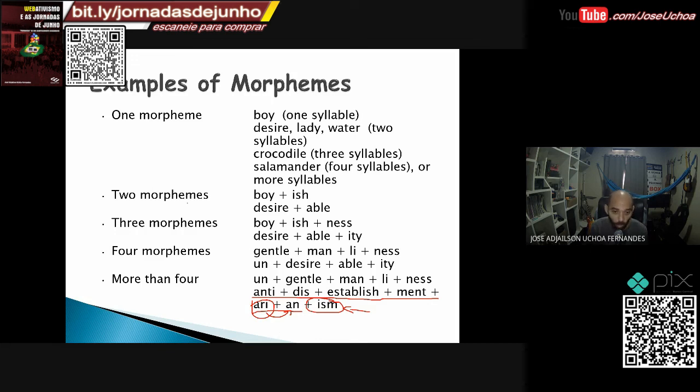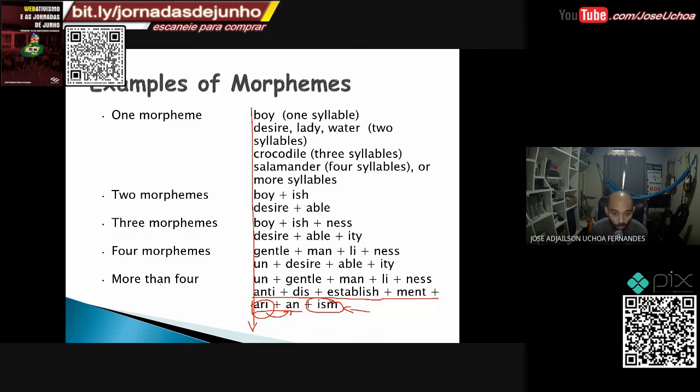What I'm trying to show you here is how we can extend words almost infinitely by adding morphemes. We may have 5, 6, 7 morphemes. Sometimes it's possible to form the word, although it does not exist. And I came to my point. I was about to say and I forgot, but now I remembered. This is part of the creativity of language. That's why language is so creative, because its rules are open.